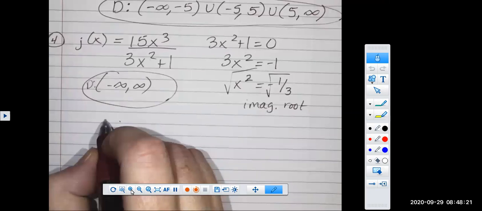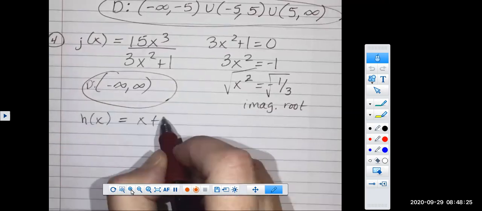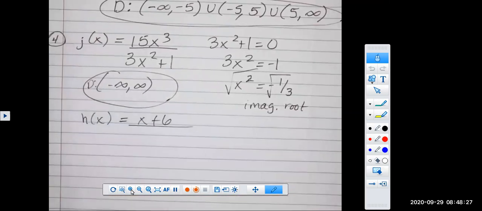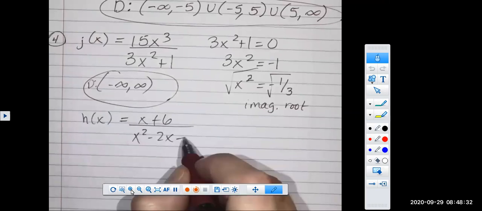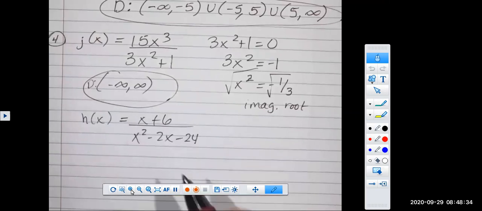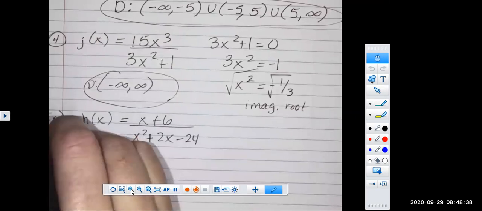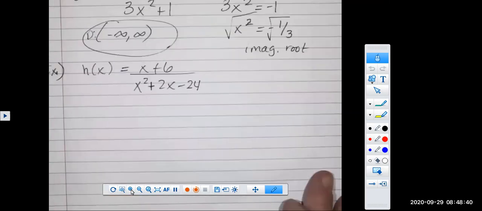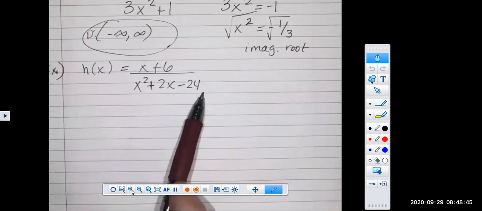Okay, last one we'll look at, and then we'll move on to something else. All right, we got x plus 6 over x squared minus 2x minus 24. No, plus, change that to plus. This is just an extra example. This is not in your notes. Okay, how would the denominator factor in this case?